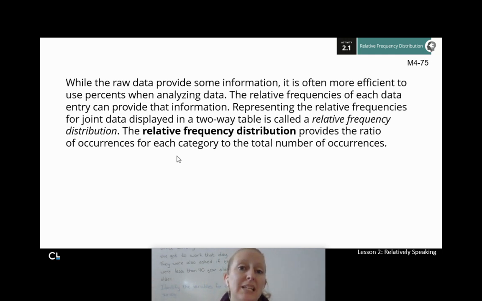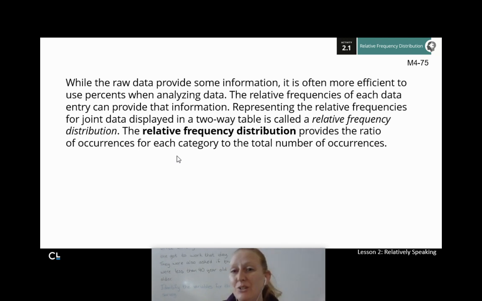So representing the relative frequencies for your joint data, and when you display it in a 2-way table like this, is called a relative frequency distribution. So instead of just raw numbers, like that's how many people said that, let's talk about the percent of people that chose that. The relative frequency distribution provides the ratio of occurrences for each category to the total number of occurrences.